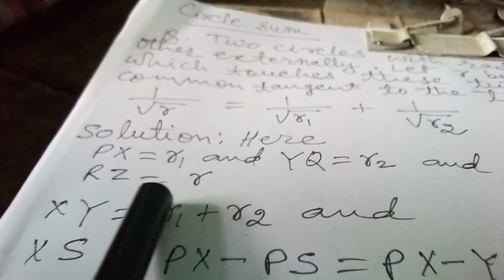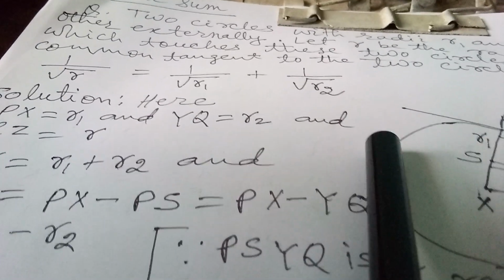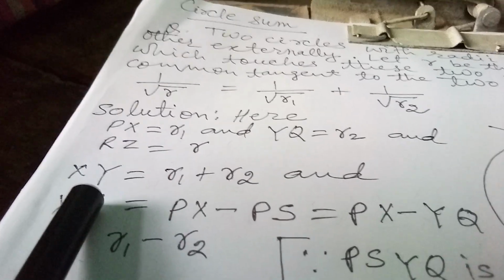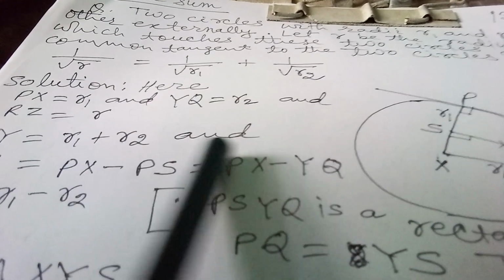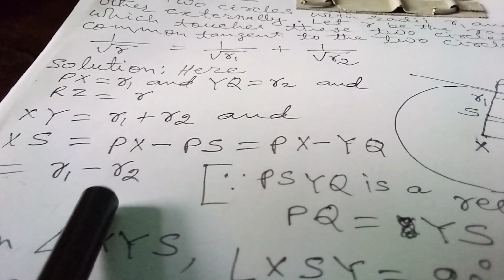So the solution is here: PX equals r1, YQ equals r2 and RZ equals small r. So XY equals r1 plus r2 and XS equals PX minus PS, that is PX minus YQ, that equals r1 minus r2.